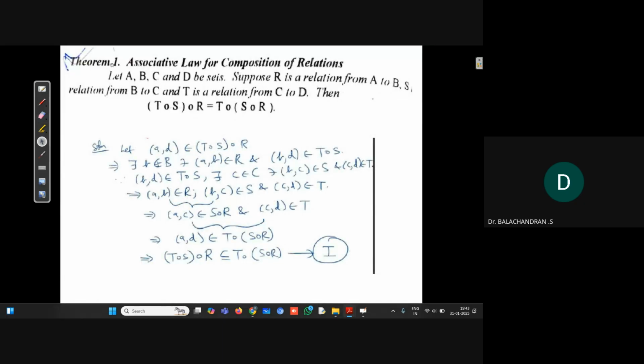So this is the next theorem, the associative law for composition of relations. Let A, B, C, D be sets. There are 4 sets.